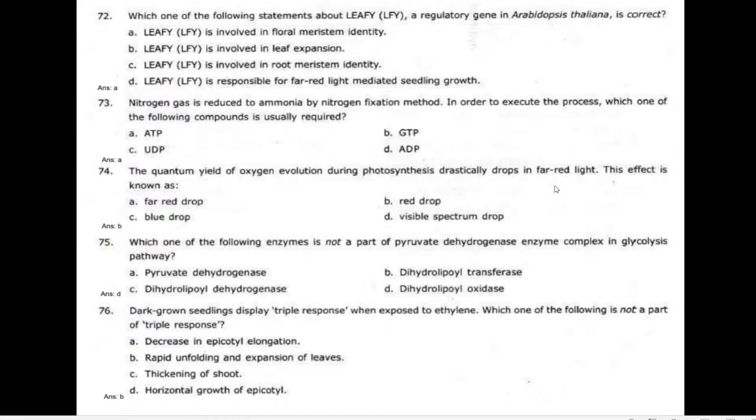This effect is known as the red drop. Okay, red drop. Here they mentioned the far red light reduction, but it is called the red drop. A far red drop is not the answer. Red drop is the answer.